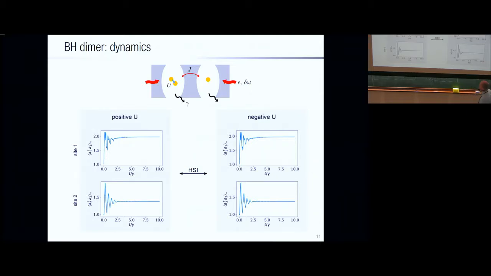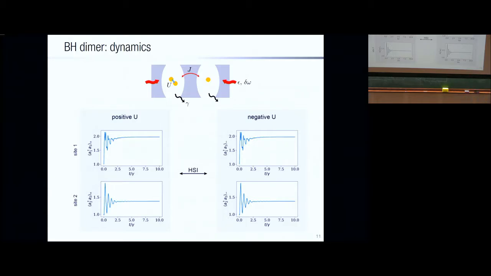The point is that repeating this numerical experiment with the same initial condition, but delta omega adjusted as well, you get the same result for negative U. So just by looking at what the system is doing, so just observing expectation values, you won't be able to tell whether I'm presenting you with a positive U or a negative U model.